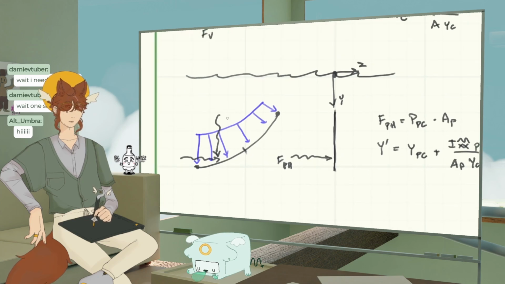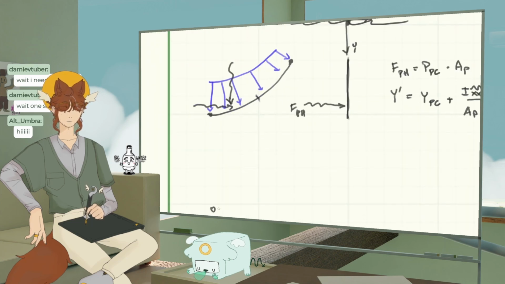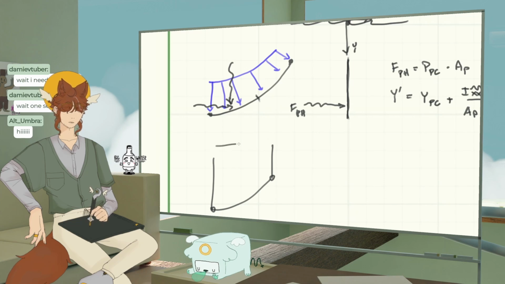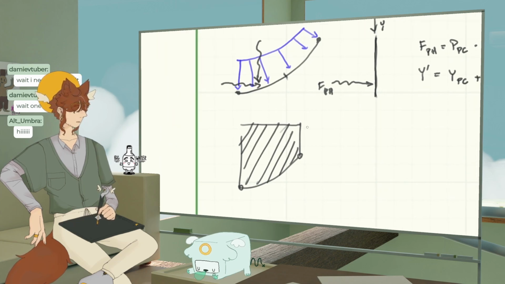So what we can actually do is say that our vertical force is caused by the volume of water that's above this surface, and we can just calculate its weight to figure out how large the force is.